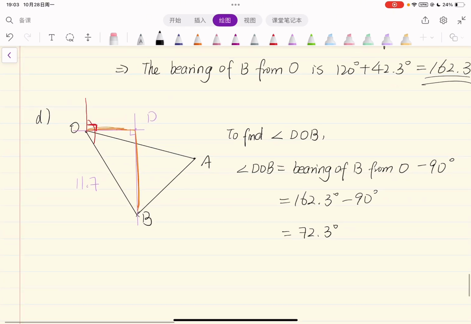So we have that this angle equals 72.3 degrees.